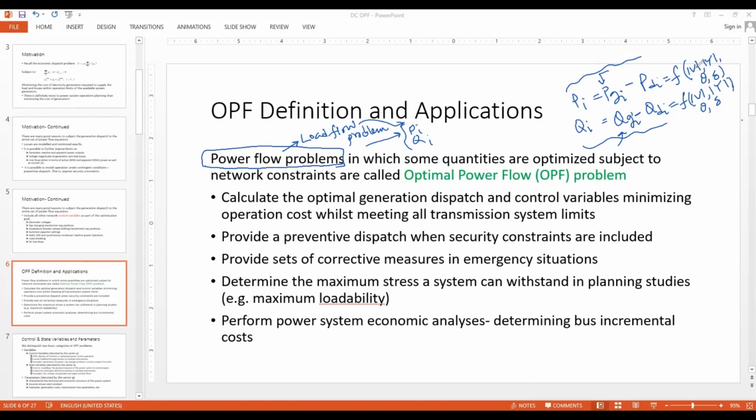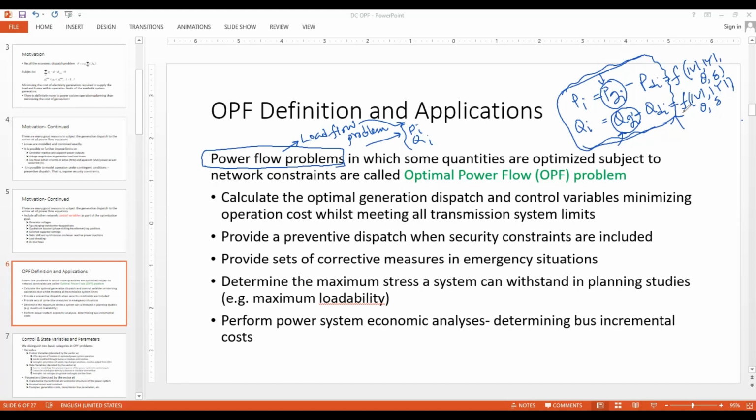By updating the magnitude of V as well as the angle theta in an iterative fashion, we try to find this PGI, this QGI, and establish the balance. We can say this is our equality constraint for the conventional load flow problem. In this case, we do not introduce any sort of optimization issue.